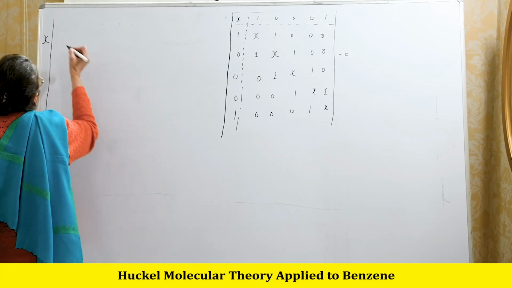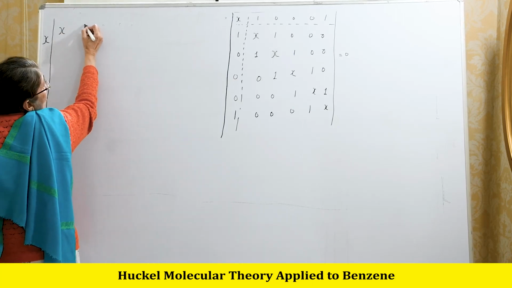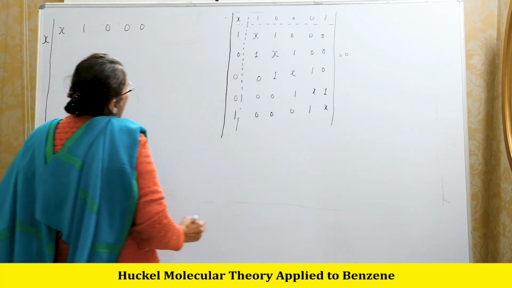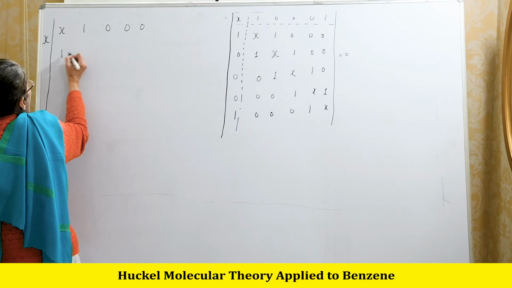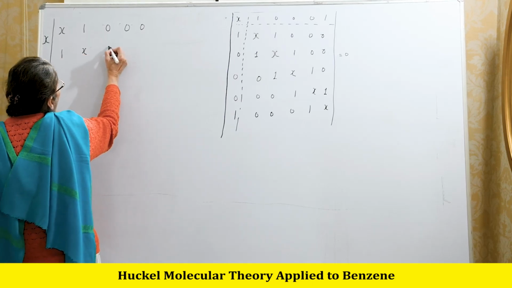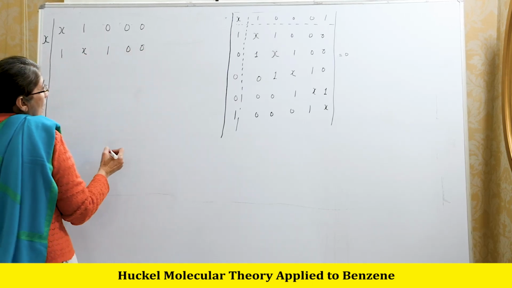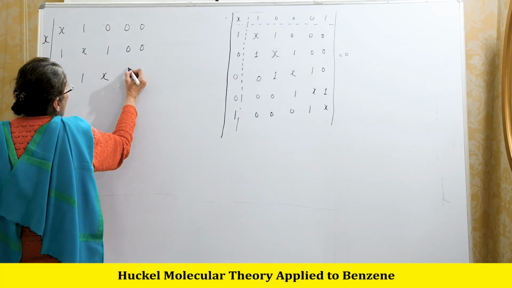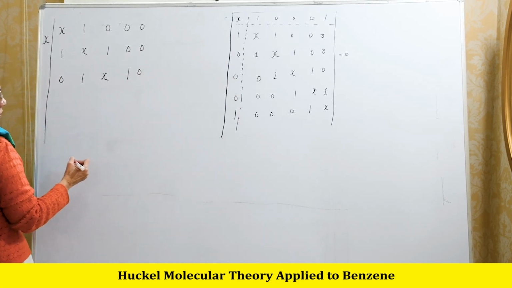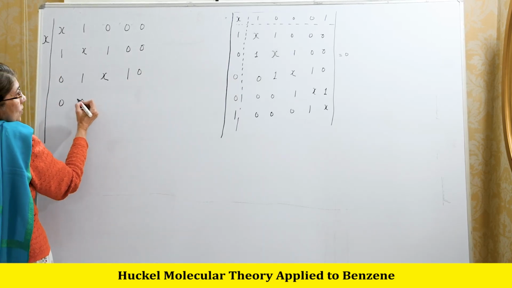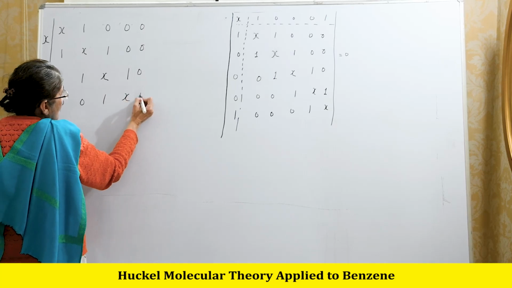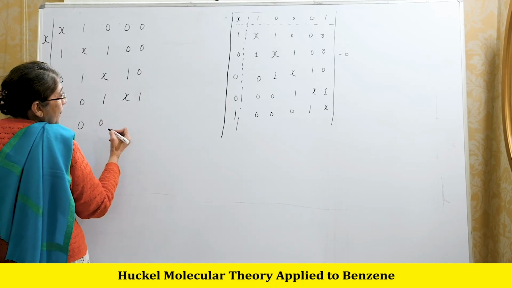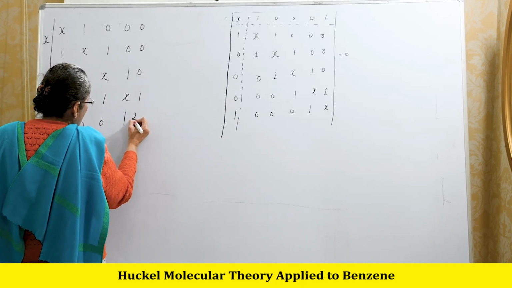a 5 by 5 order determinant: x 1 0 0 0, 0 x 1 0 0 1, x 1 0 0 and 0 1, x 1 0, 0 0 1 x 1 and 0 0 0, 1 x.